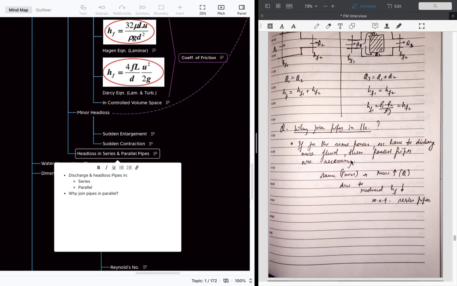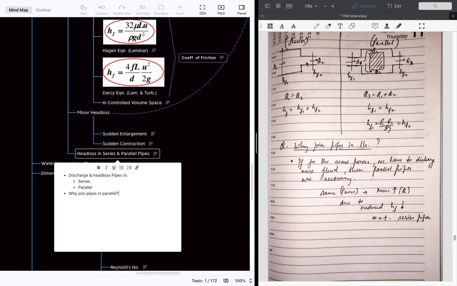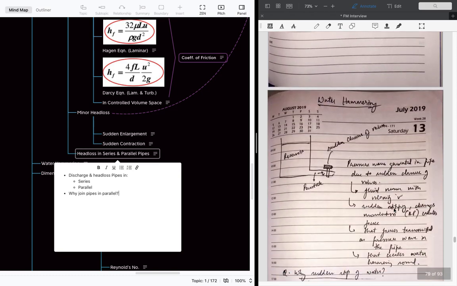And why join pipes in parallel? Because if we have the same power and we want high discharge from the fluid, then we have to connect the pipes in a parallel combination. Why? Because for the same power, we get more discharge due to less head loss. If we have a series, then we have a double head loss. The head losses get added. But if we have parallel, the head loss is reduced, meaning we have less head loss compared to series pipes.